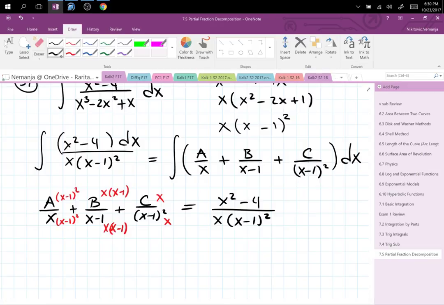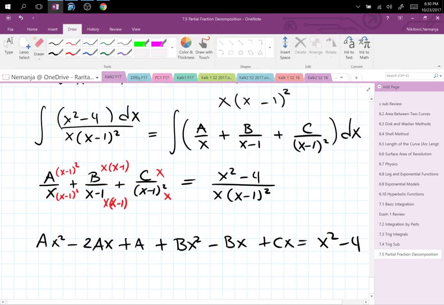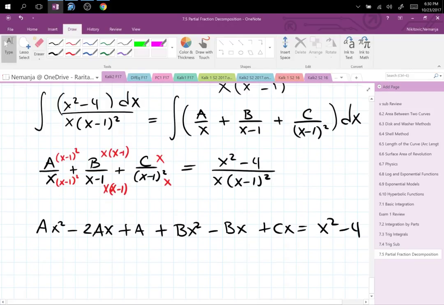So what do we have? We have Ax squared minus 2Ax plus A plus Bx squared minus Bx and plus Cx is equal to x squared minus 4. Remember that all denominators cancel quickly because they're all the same.